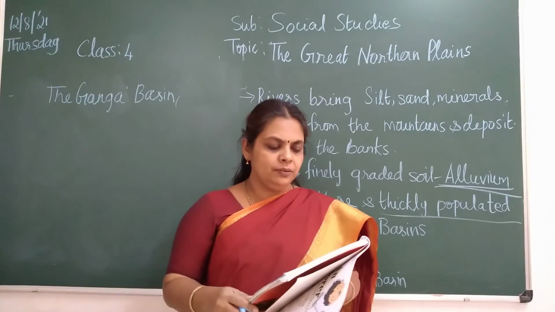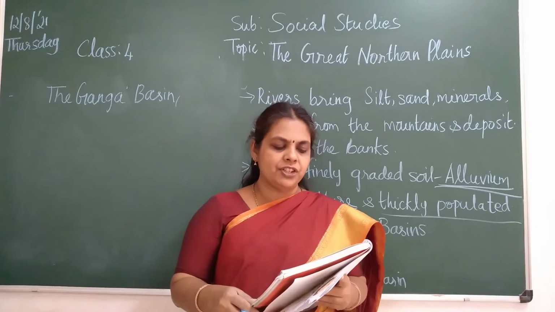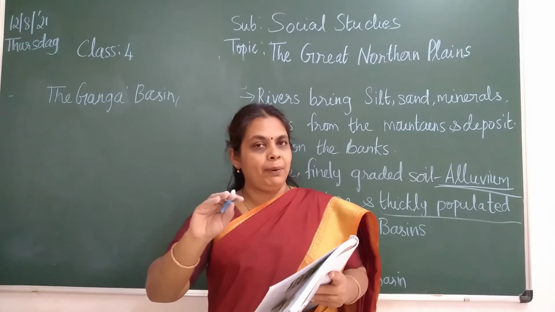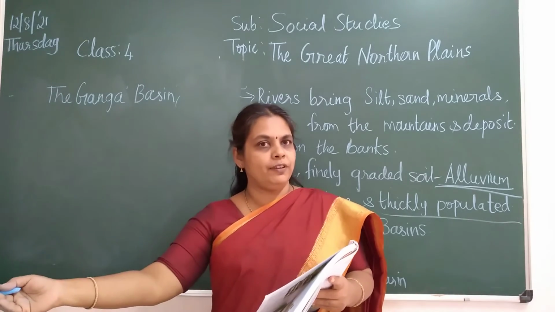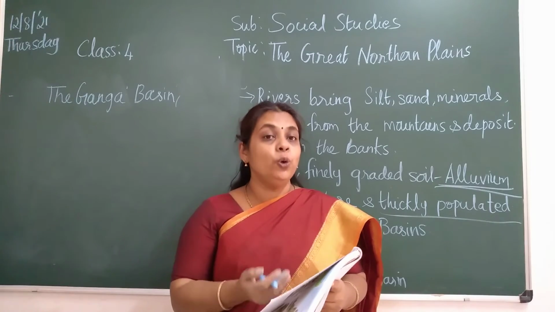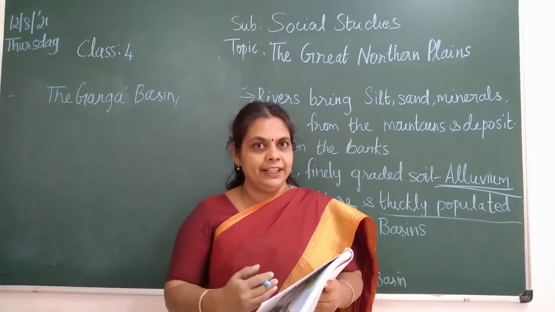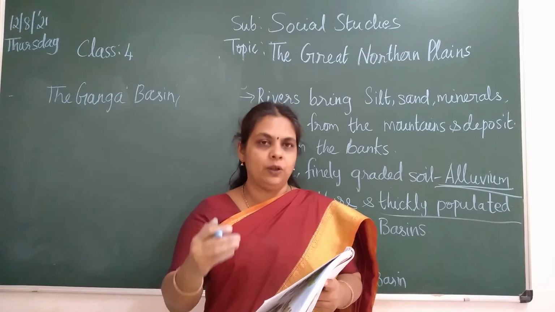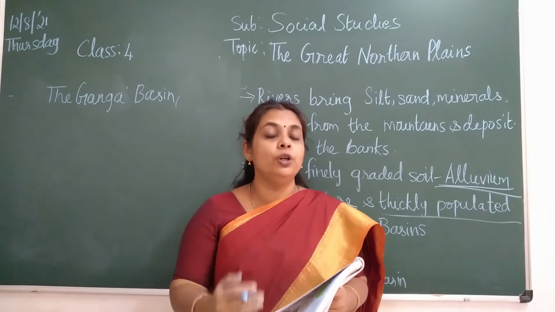The other branch is the Hooghly river, children. So one part of Ganga goes to Bangladesh. The other part flows as Hooghly in India, in West Bengal. Calcutta city is located on the banks of the river Hooghly, children.